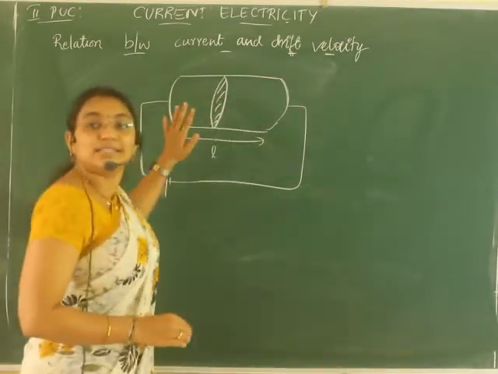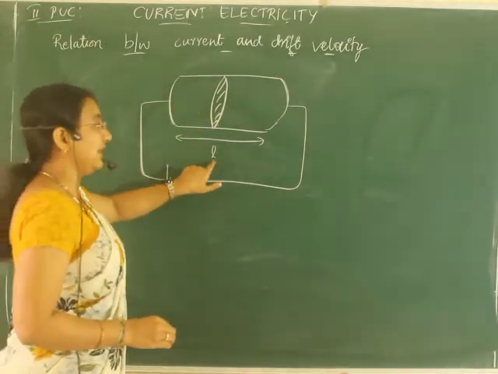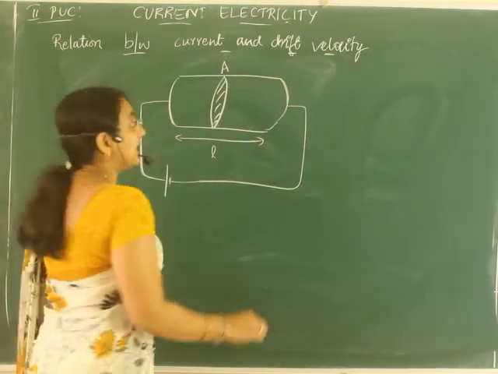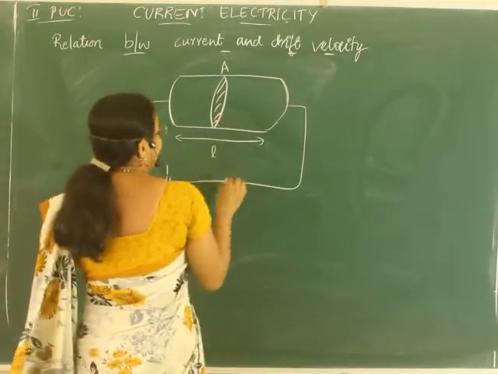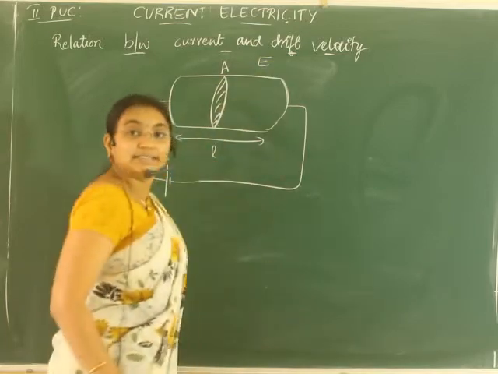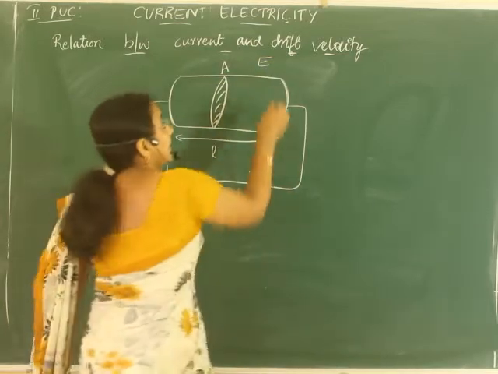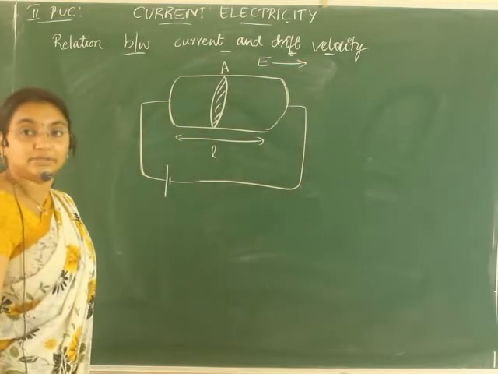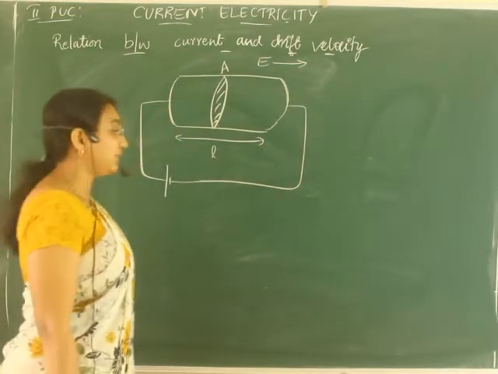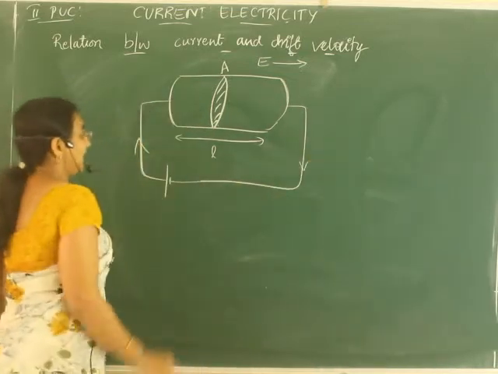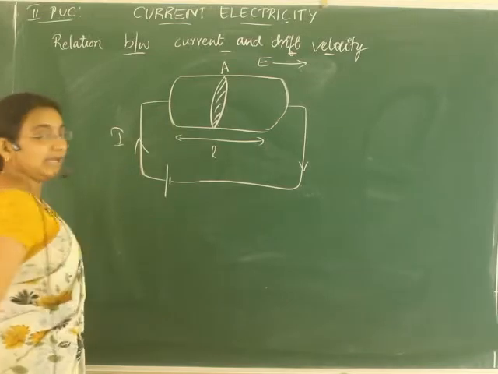So let us consider a conductor of length L, area of cross section A. Let us connect it to an external battery, so therefore an external electric field is applied. Let E be the external electric field applied. The direction of electric field is from positive to negative. This is the direction of current I, correct?